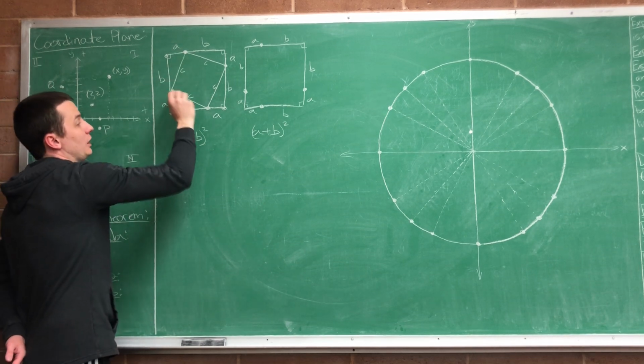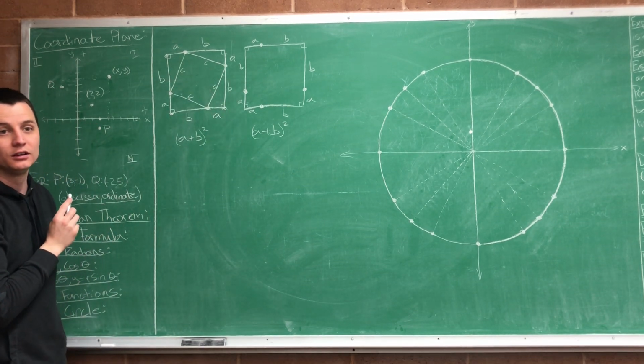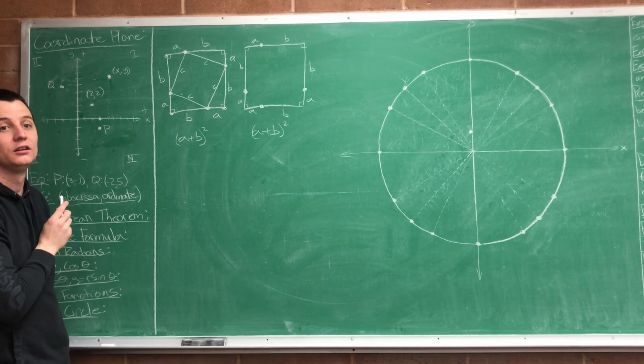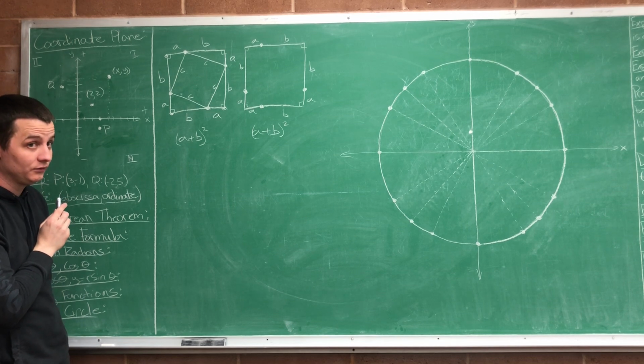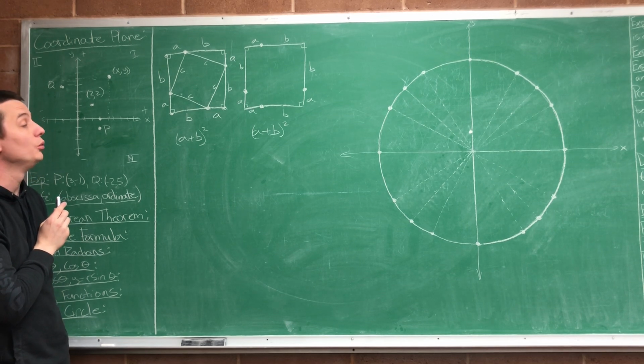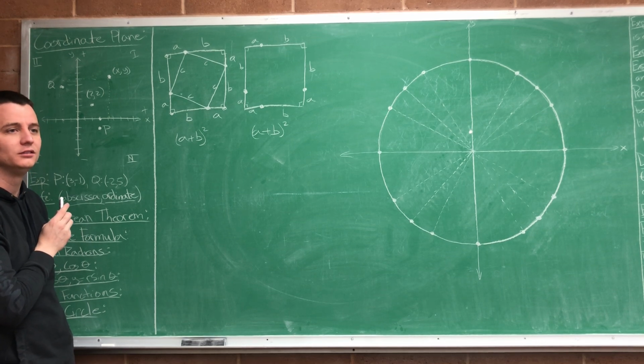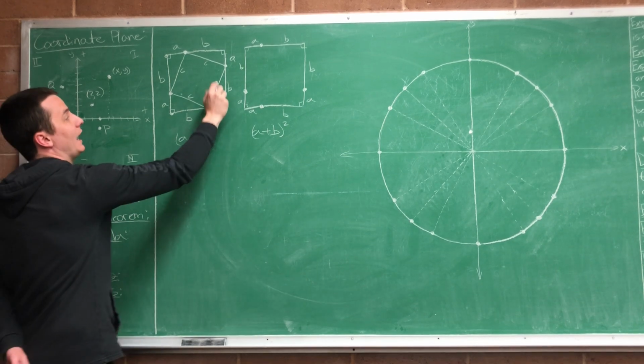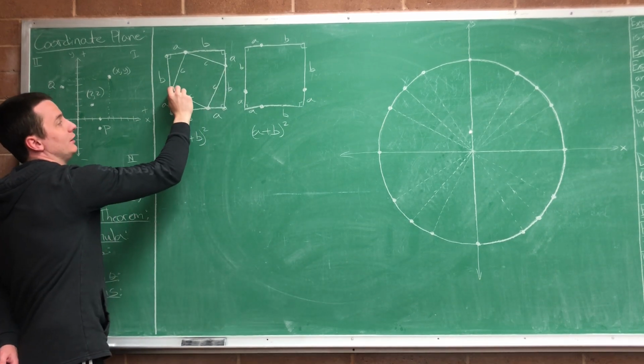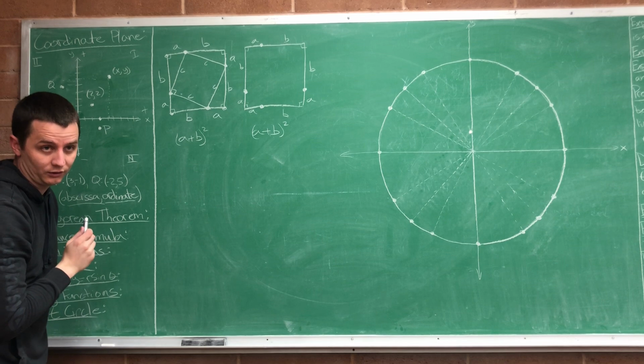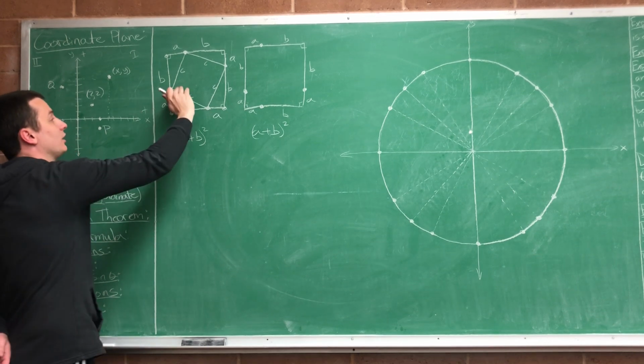So this internal shape right here is a... We don't know it's a square yet. We just know so far that it is equilateral. Equilateral? A rhombus. There we go. Yeah, it's a rhombus. All we know is the side lengths are equal. We don't know that this right here is a right angle yet. We need to discover that that's a right angle.